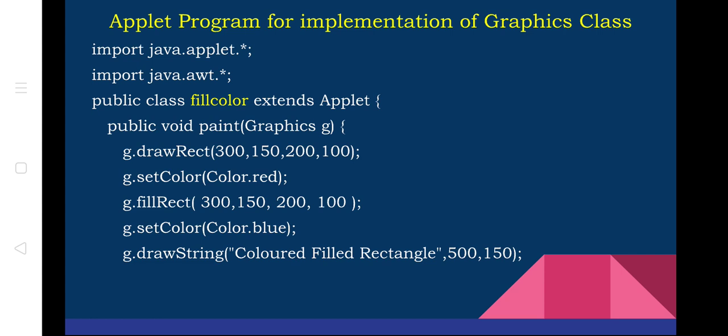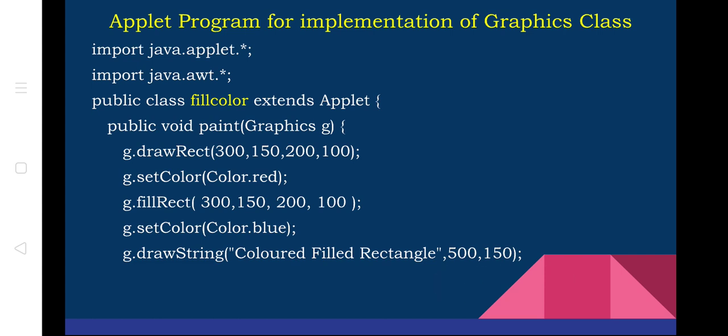Now we have set the color as red for the rectangle, and that will be drawn as a red filled rectangle. Likewise, now we are setting the color as blue, and this blue will be applied to the next line, which is drawString, colored filled rectangle. The message will be displayed on the screen at the position 500, 150.